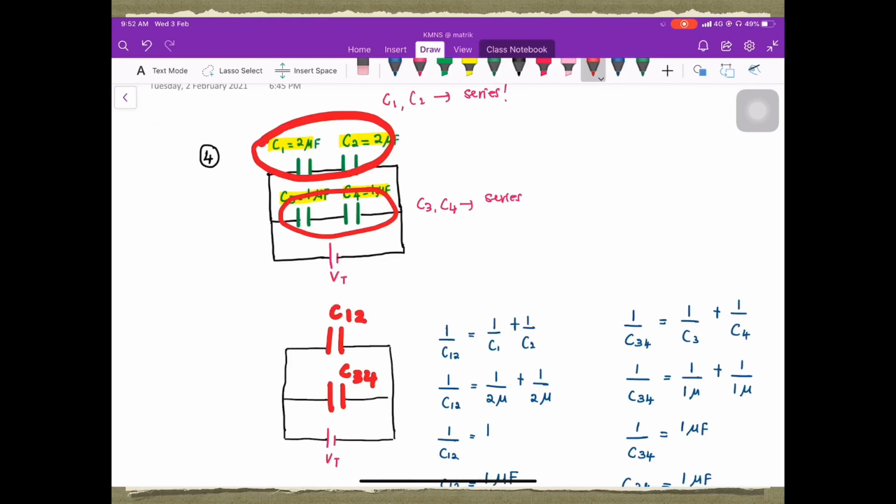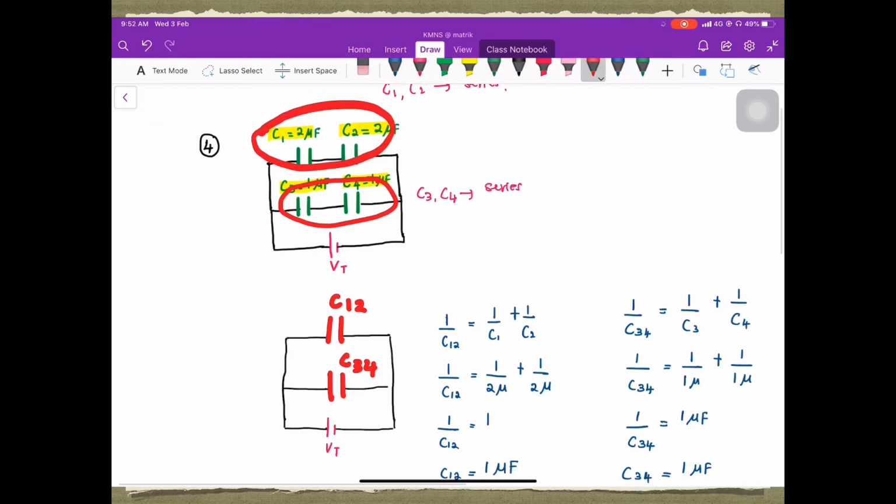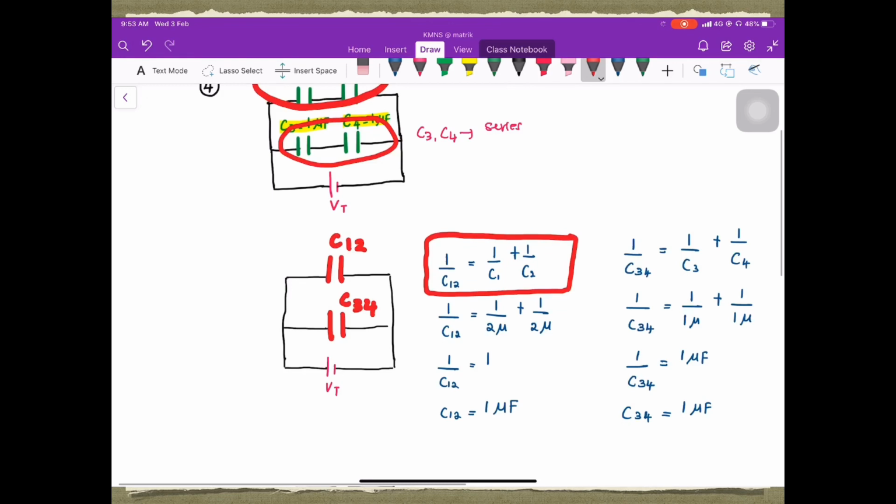Right? Okay, now, how to calculate the combination of C1 and C2? For C12, combine as series. So we will get the answer: the combination C12 is 1 microfarad.